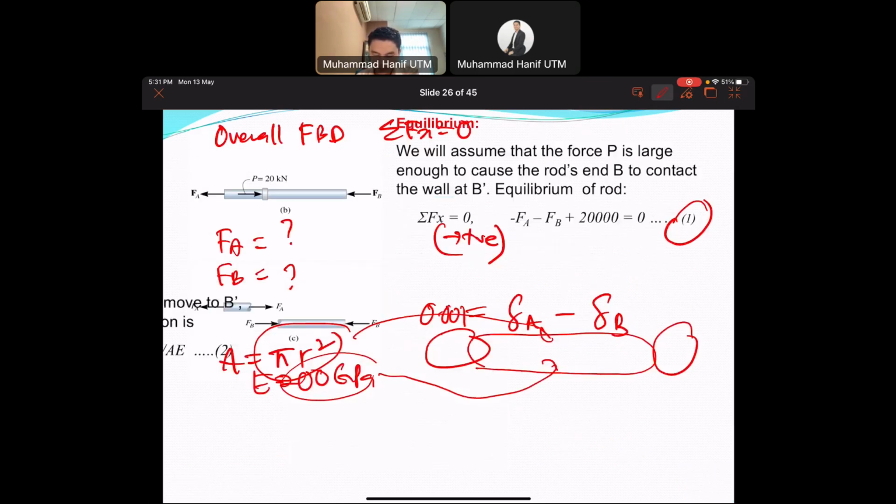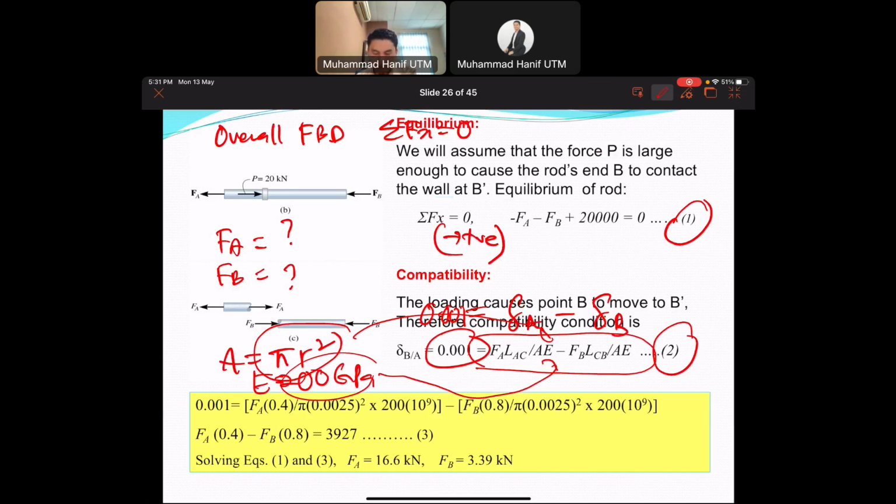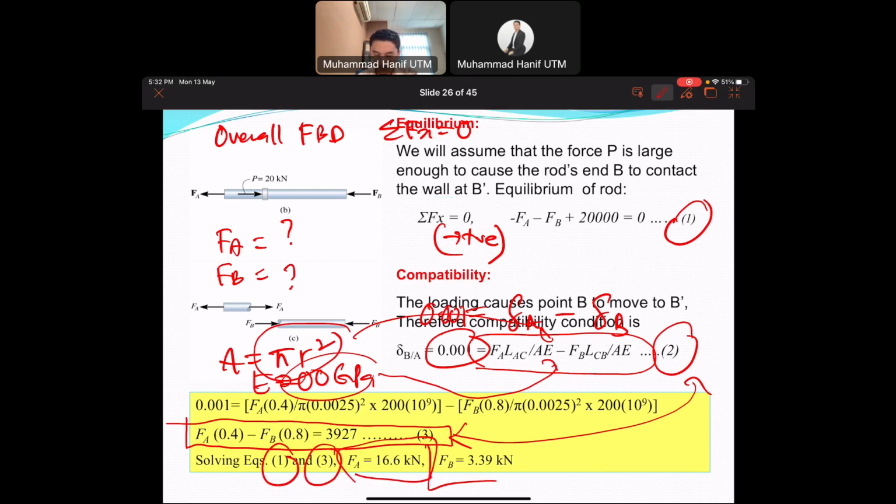Just substitute into the equation, and you will generate equation number 3 from number 2, in terms of numbers, without the unknowns L and AE. From number 3, you just solve it with number 1. Solving 1 and 3, you will get the unknown values of FA and FB directly.